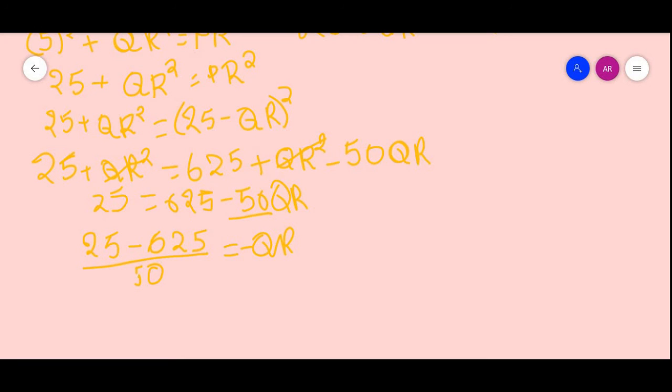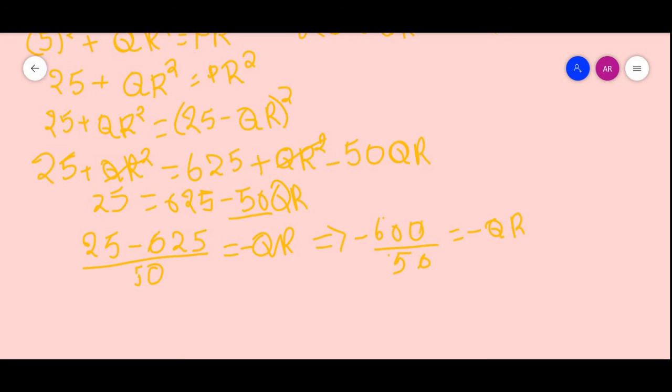Alright. So we can actually further simplify it. Let's do that. Then we'll be able to get the QR. So 25 minus 625 will be minus 600. So minus 600 by 50 will be equal to minus QR.